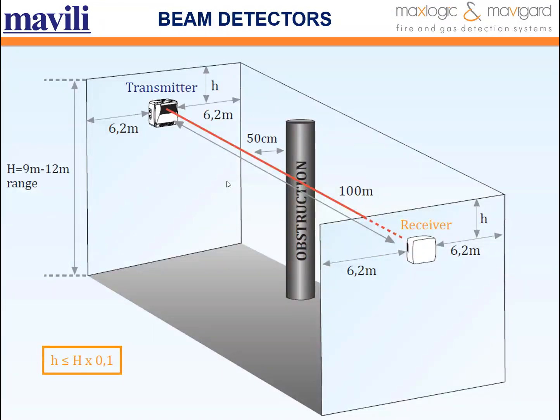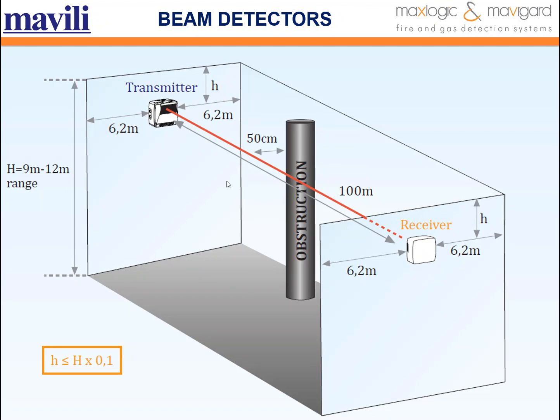How about the beam detectors? Beam detectors consist of a receiver and a transmitter. The transmitter sends a signal constantly to the receiver. When fire smoke decreases the rate of reception of these rays by the receiver within the limits defined by the standard, the fire alarm system gives an alarm.